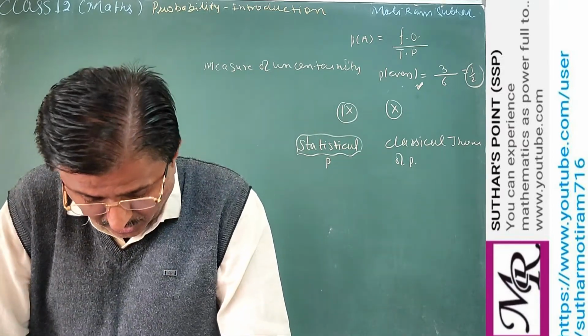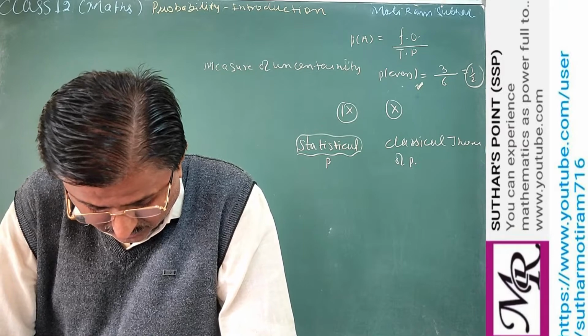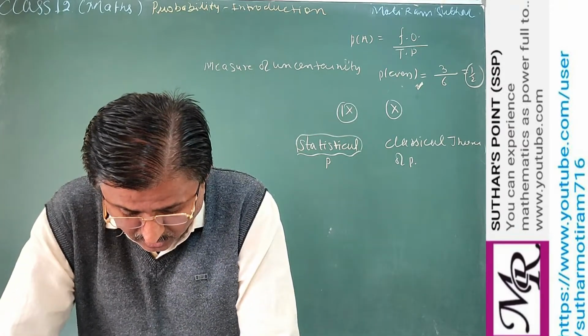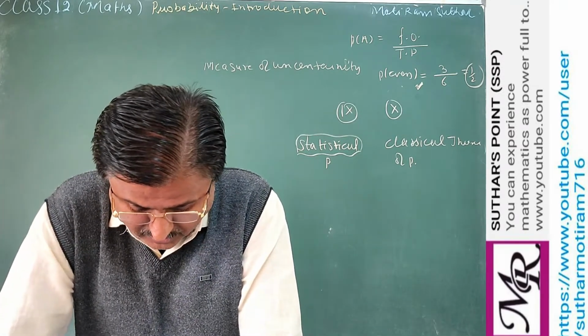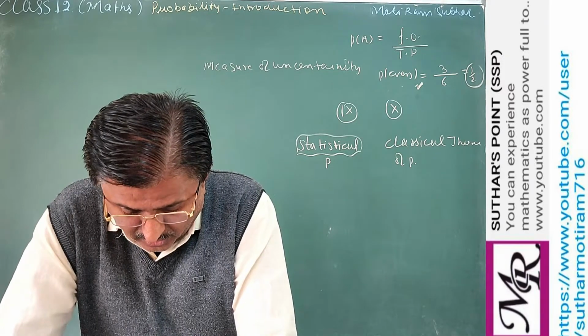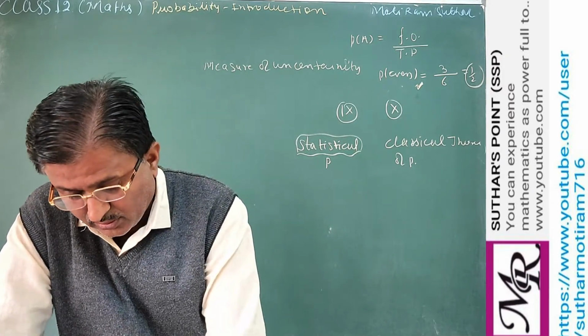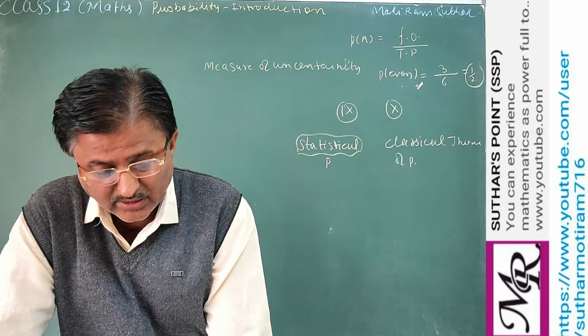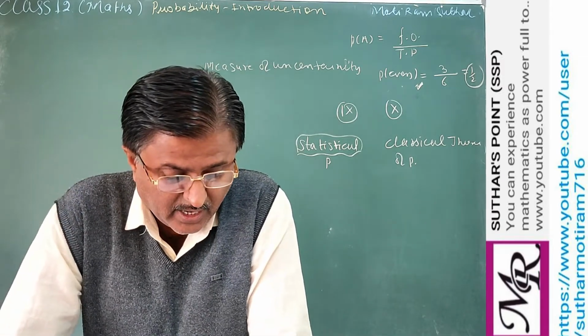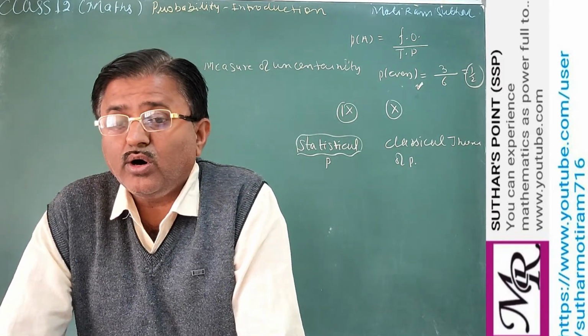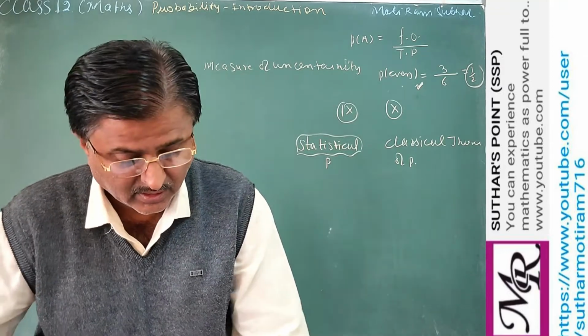So in 1933 a Russian mathematician, A. N. Kolmogorov, published a book that depends on some axioms.